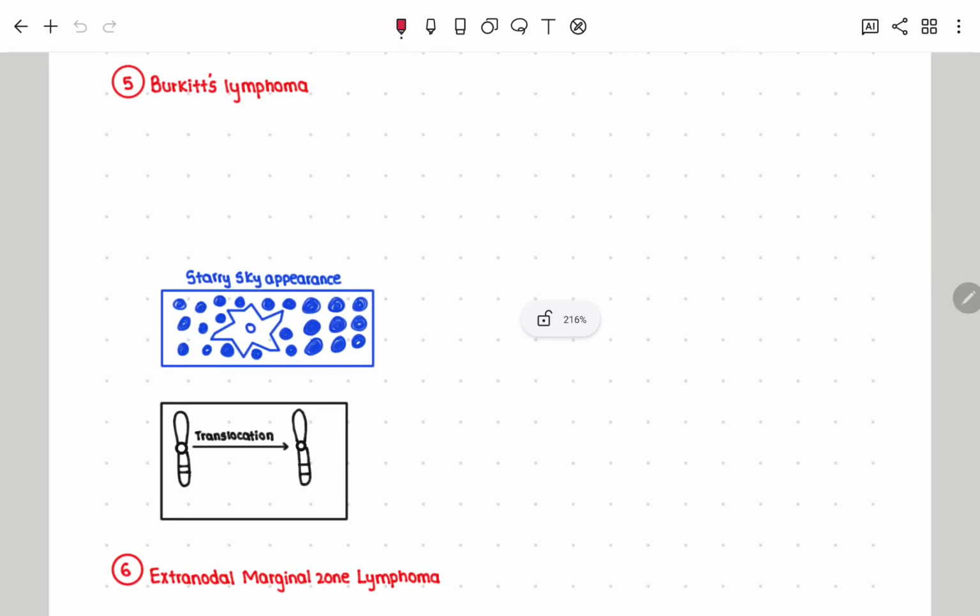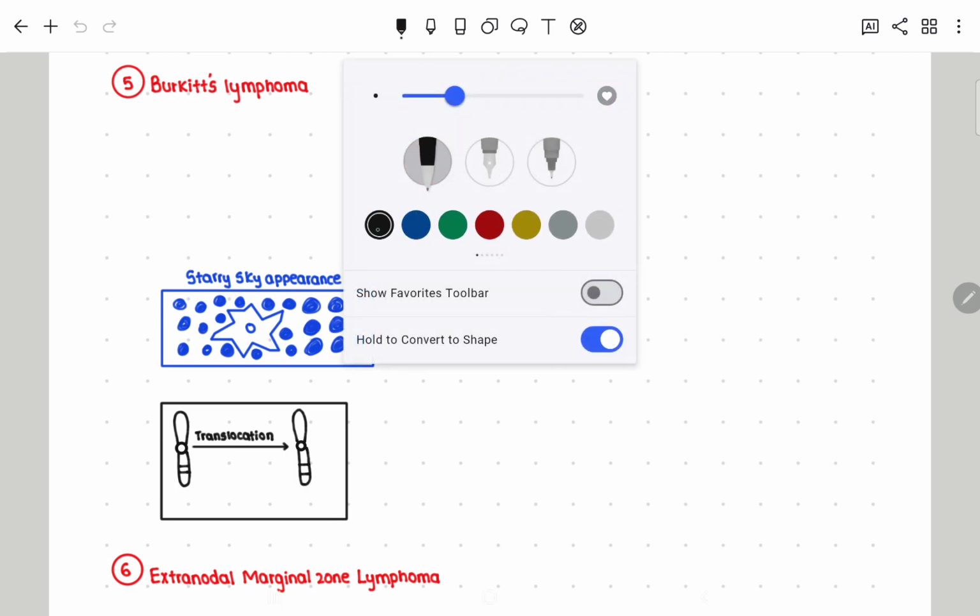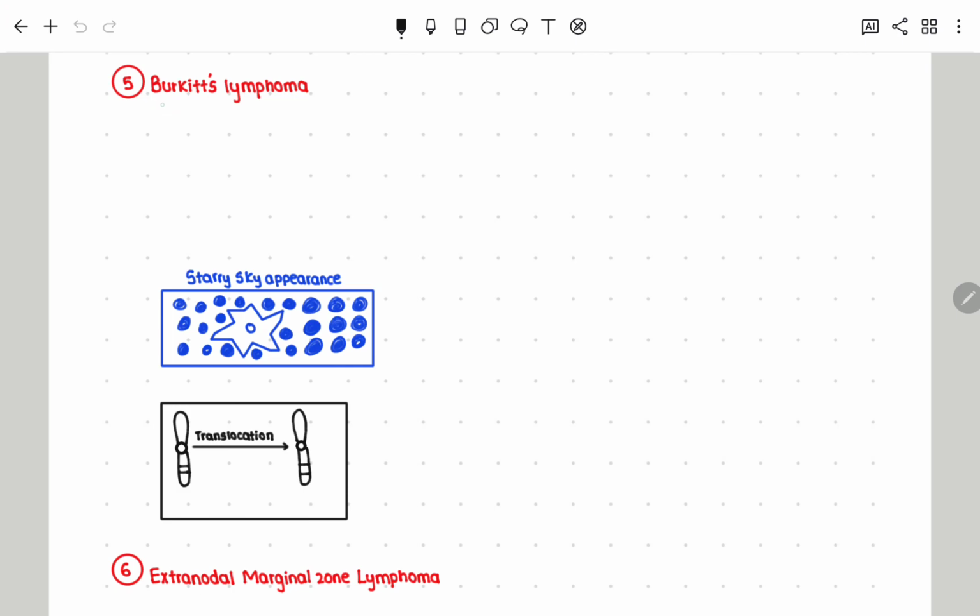Last two types we need to discuss are Burkitt's lymphoma and extranodal marginal zone lymphomas. So Burkitt's lymphoma, you will remember from microbiology, was associated with Epstein-Barr virus infection. And there are two types, the endemic African presentation and the second being sporadic.